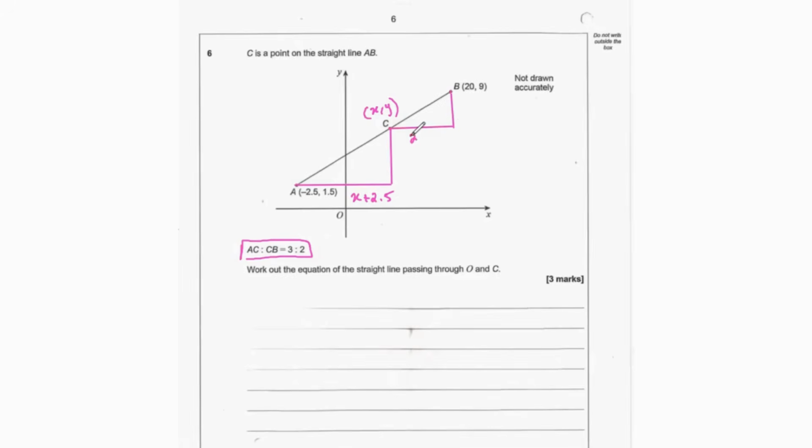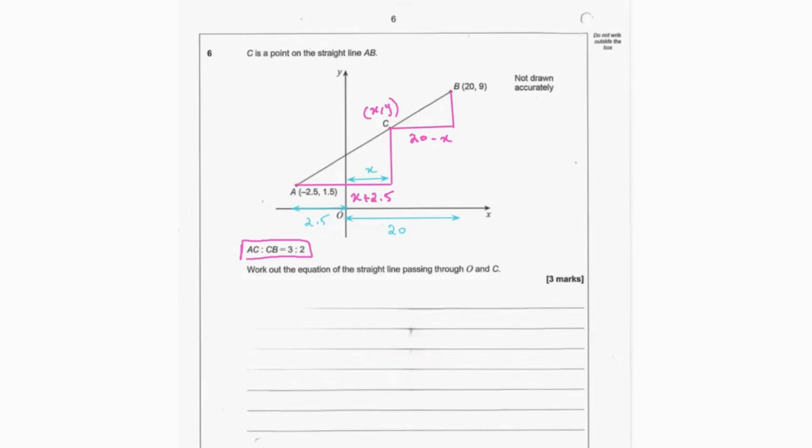So this is going to be 20 minus x. Once again, let me draw the arrows. This all is 20. This all is 2.5. And this is x. So this distance is x plus 2.5 and this distance is 20 minus x.